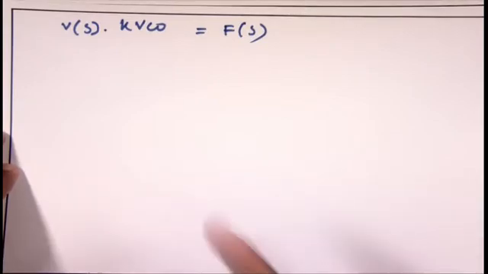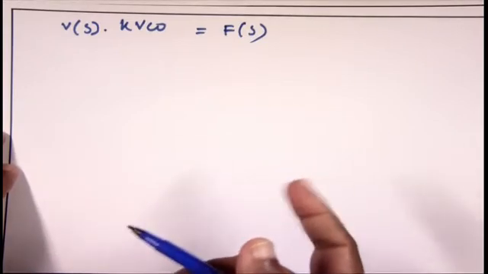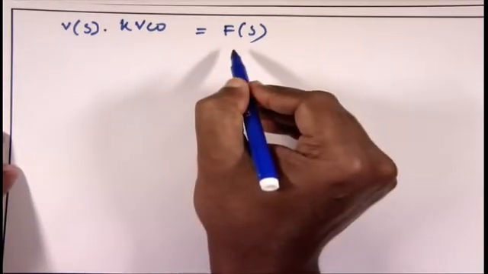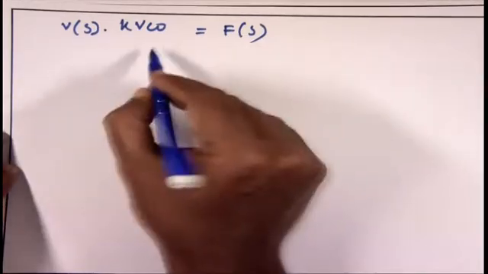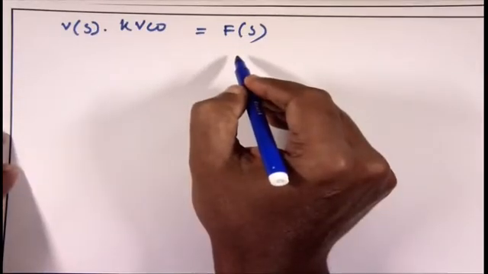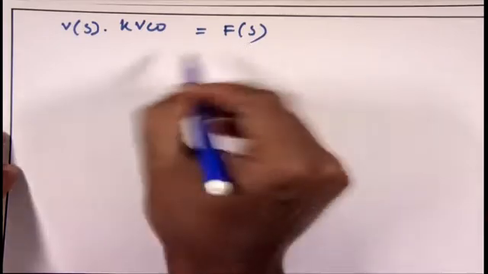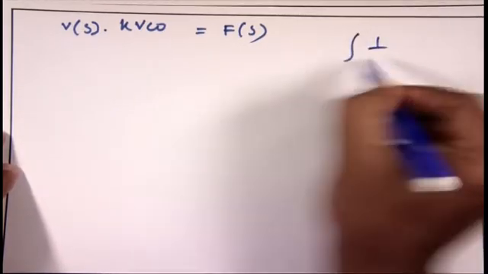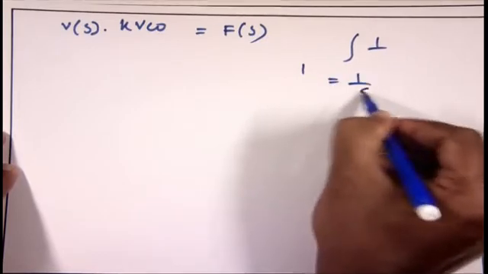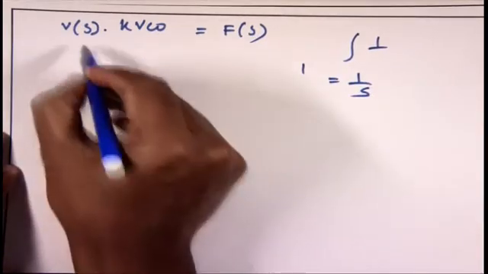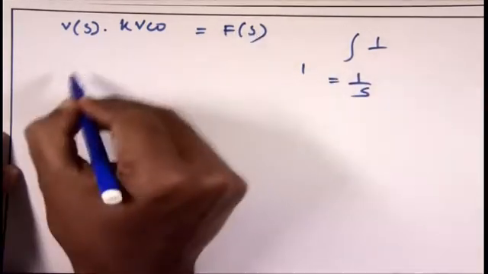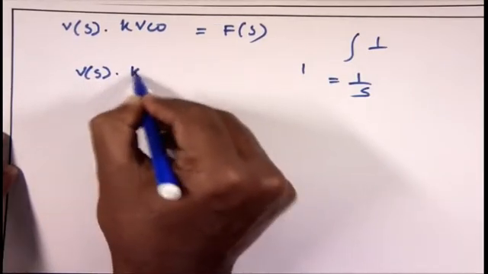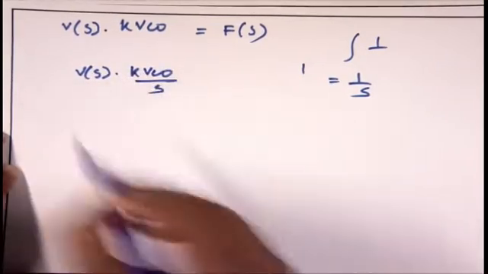But I am comparing phase at the input, so I have to integrate this frequency output change with respect to time. Integration in time gives a transfer function of 1 by s. So actually the output phase will be Vs into K VCO by S.